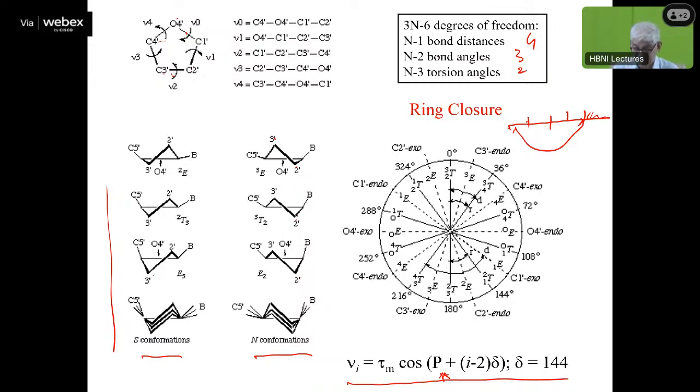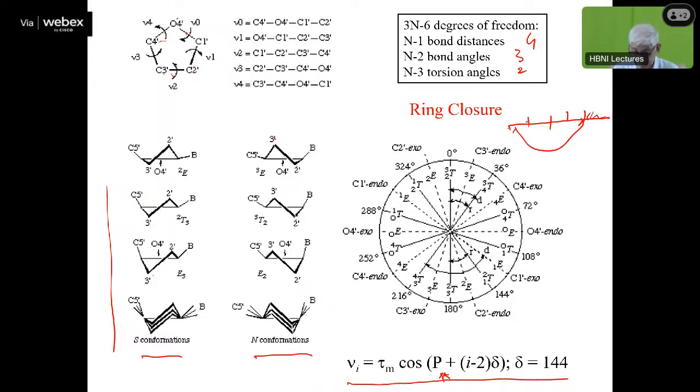And that is given by this. Nu i is equal to tau m cosine of (P plus (i minus 2) delta), where delta is equal to 144 degrees. This calculation has been done; this is the formula. By putting in a particular value of P, you can find out what the value of nu i should be. Supposing I put i equal to 0, so P minus 2 delta, that becomes nu0.